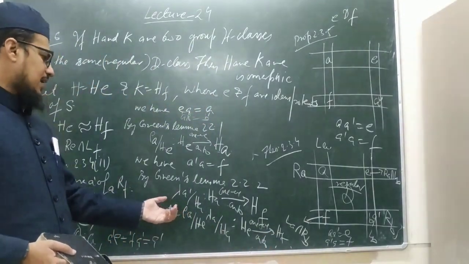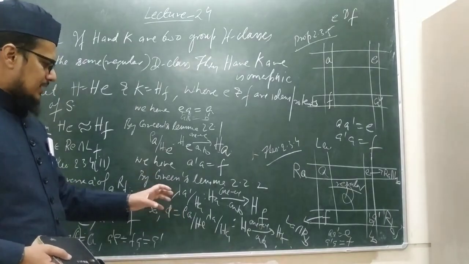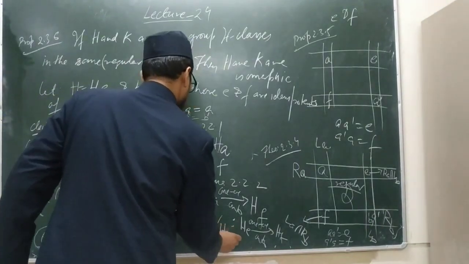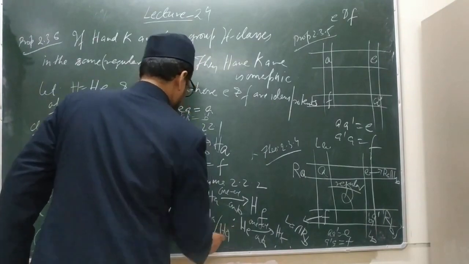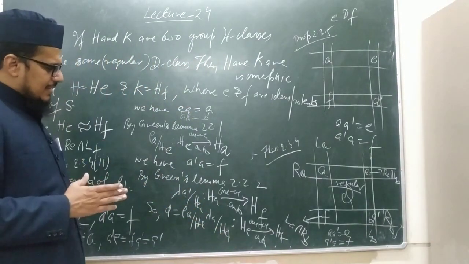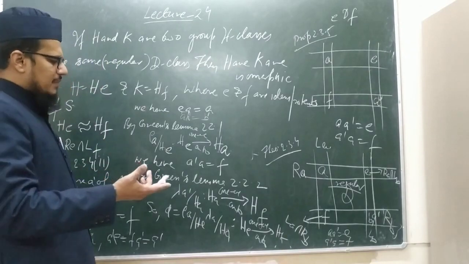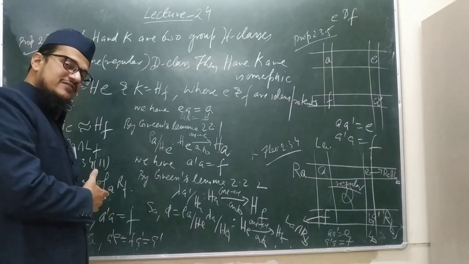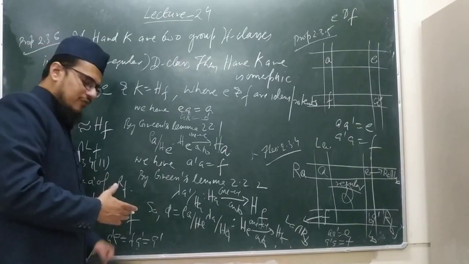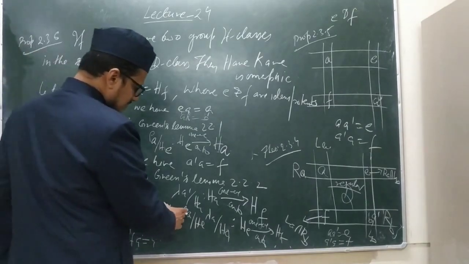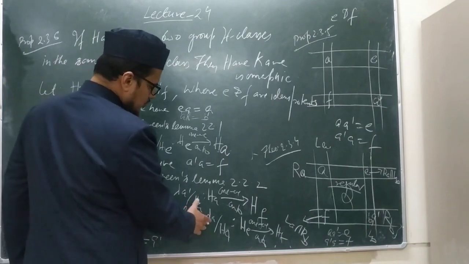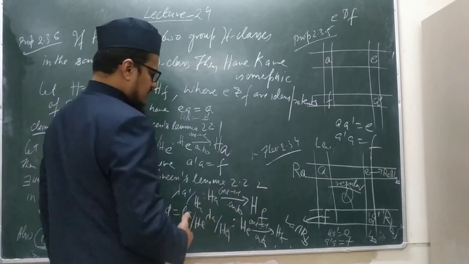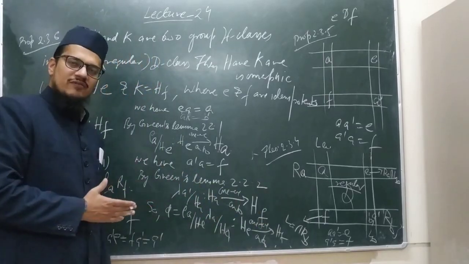Basically, it is the composition of rho A by HE followed by lambda A by HA. But as we are writing the elements on the left side of the map, following this book, the map is written like this: rho A by HE into lambda A by HA, and we denote it by phi. So we are getting a 1-1-on-2 map from HE to HF.